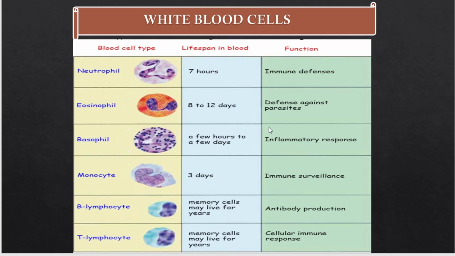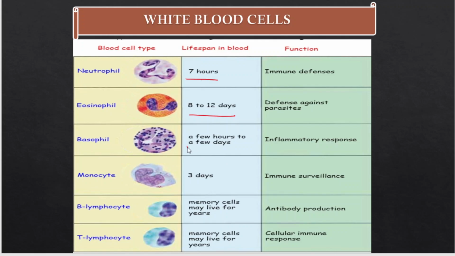When we see the function of white blood cells, there is a different lifespan of each type of blood cell. Neutrophil has only a 7-hour lifespan and it is responsible for the defense mechanism, whereas eosinophil has a longer 8 to 10 days of lifespan and it is effective against parasite infection.